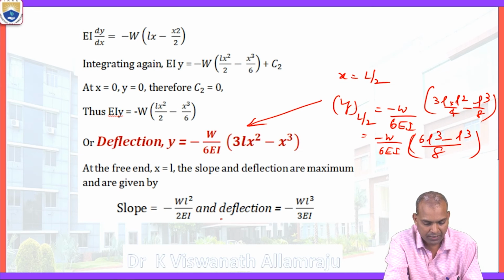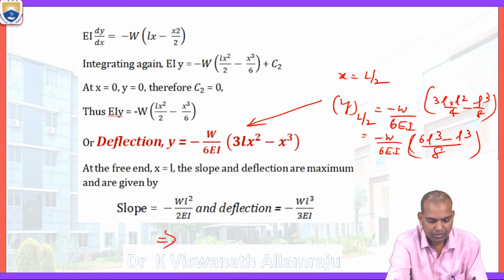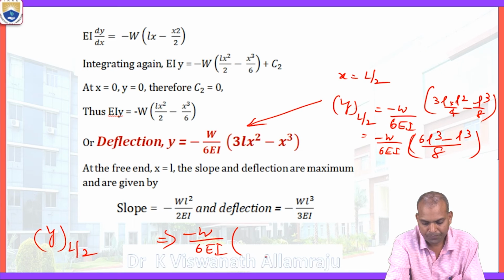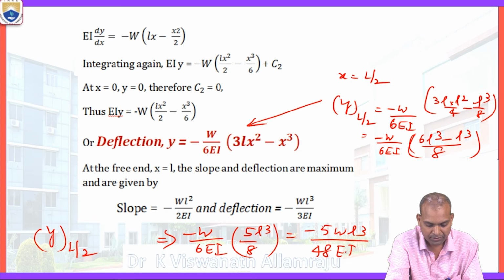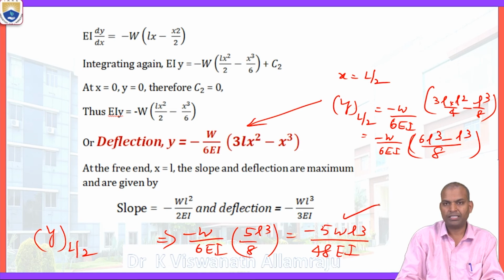Finally, y at a distance of L by 2 comes as minus W by 6EI times 5L cube by 8. That means minus 5WL cube by 48EI. This is the value we can calculate.